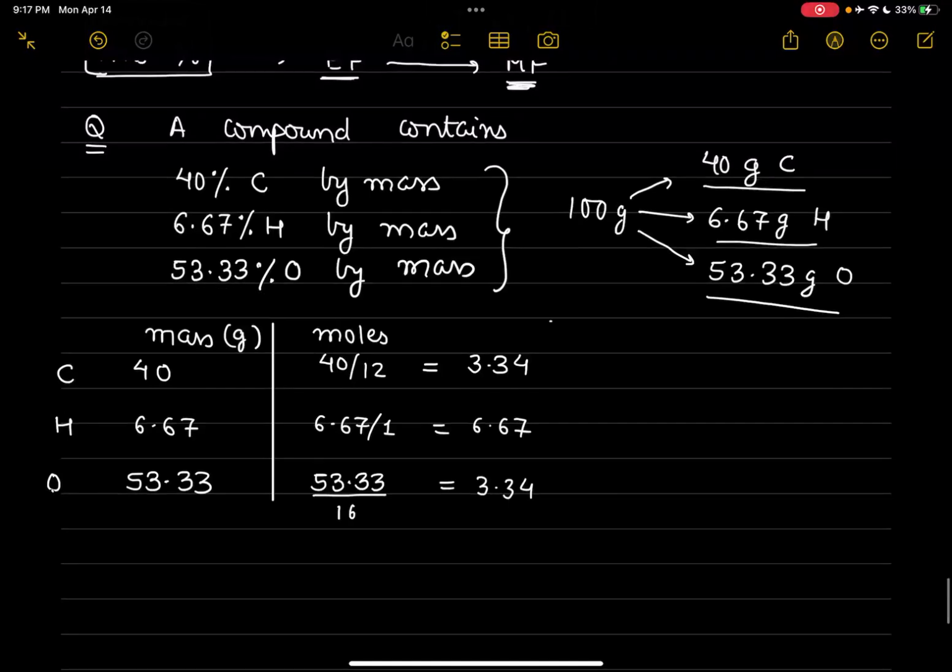Now, because empirical formula, does it give the actual mole or the ratio of moles? Empirical formula is basically the ratio of moles. So in order to get the ratio of moles, you need to divide each mole value with the smallest number of moles and get them converted to whole numbers, the simplest ratio of moles.